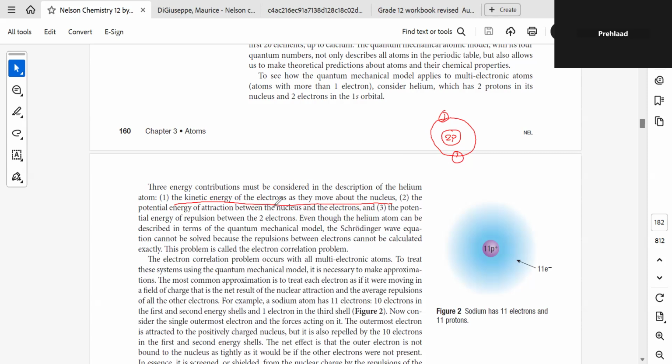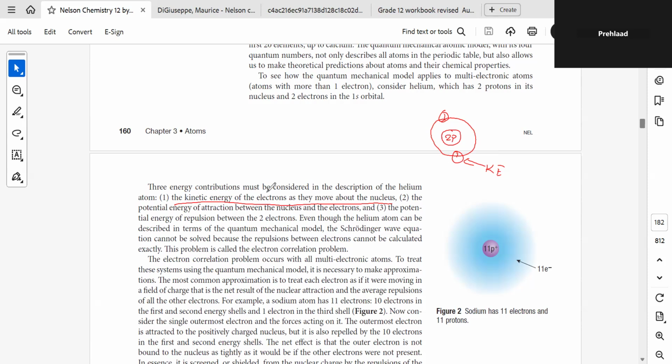That will be decided based on the kinetic energy of the electrons, because the electrons are moving. What does the kinetic energy determine? It will help us understand the nature of that particular atom. If the number is large, that means it has higher energy, and if it is lower, it has lower energy.